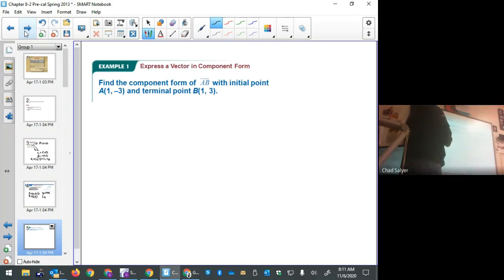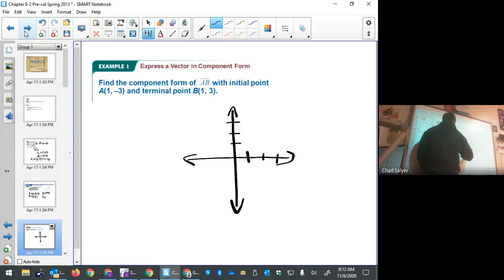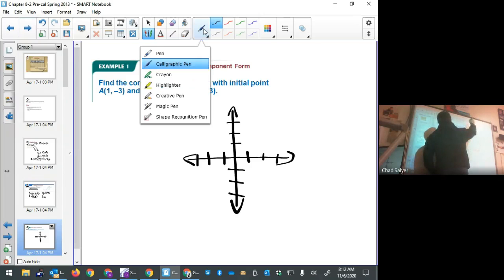All right, so what about initial point A (1, -3), and terminal point B (1, 3). So let's just do a sketch here. So we've got 2 points.